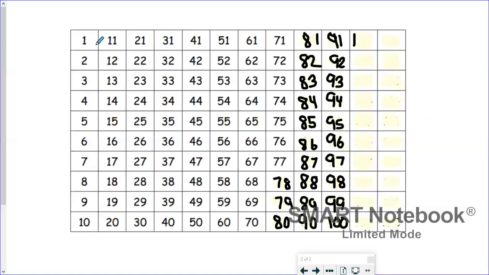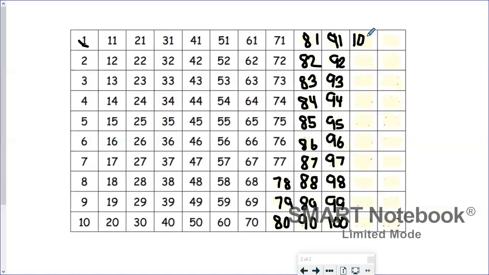So if you look over at this number over here, we don't have any tens here either. So we just have ones. So when we write our numbers greater than 100, we're going to put a 0 in the tens place because there are none.